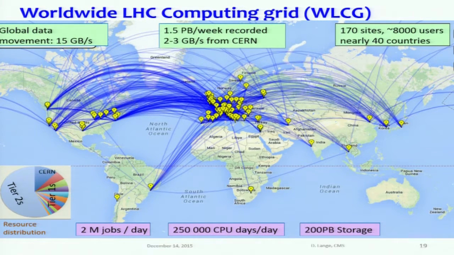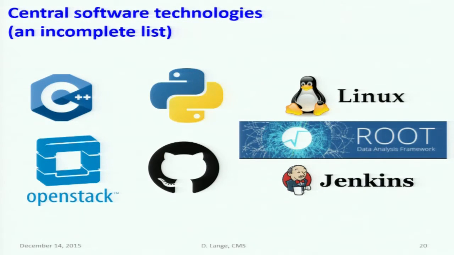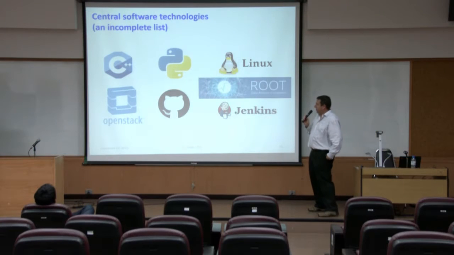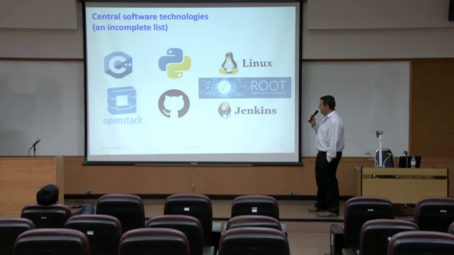Okay, I tried making a list of different technologies we're using, partly just to say these are interesting ones for someone wanting to collaborate with CMS. Knowing C++, Python, and GitHub are interesting ones for us.